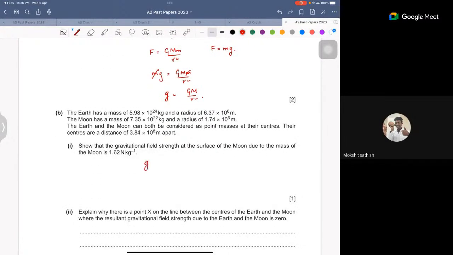That would be G equals 6.67 times 10 to the power minus 11, and the mass of the Moon is given as 7.35 times 10 to the power 22.